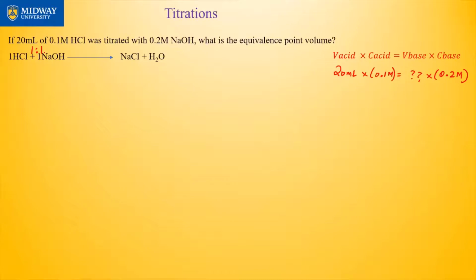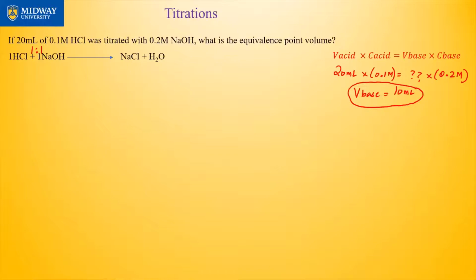So if you do that, it's 20 times 0.1 over 0.2. So you need 10 milliliters of base to achieve equivalence point. You could actually do the titration and figure out if you end up getting 10 as an answer. More likely it's always going to be in the ballpark, it's not going to be exactly 10.